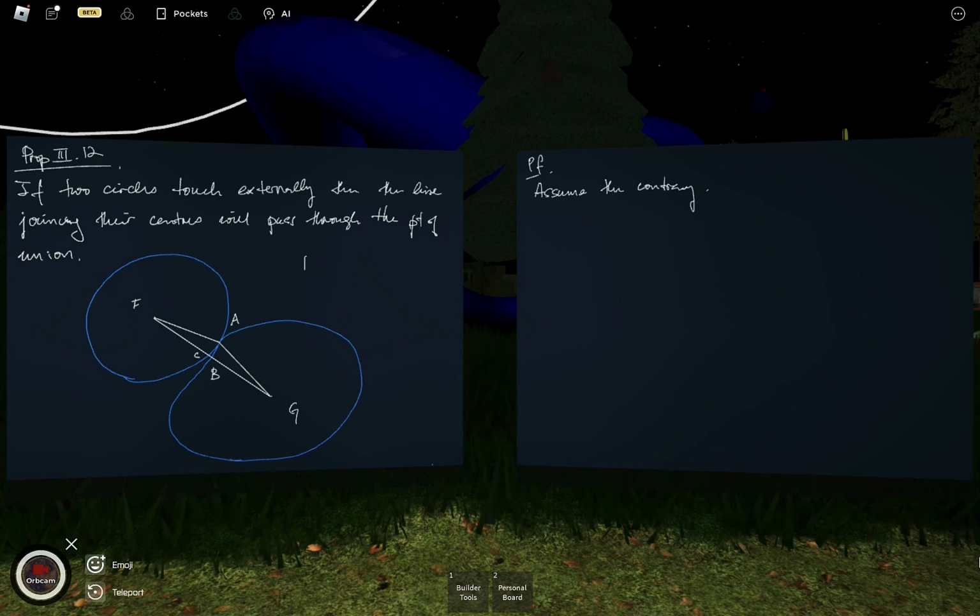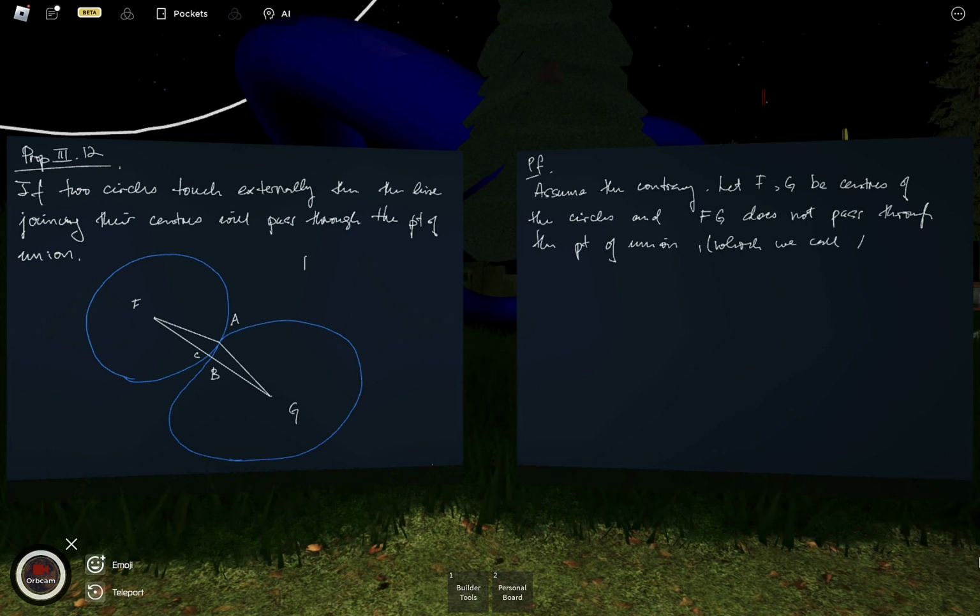Right, and we let F and G be centers of the circles, and assume FG does not pass through the point of union, which we call A. And of course C and B are the intersections of this line FG with the circles F and G.